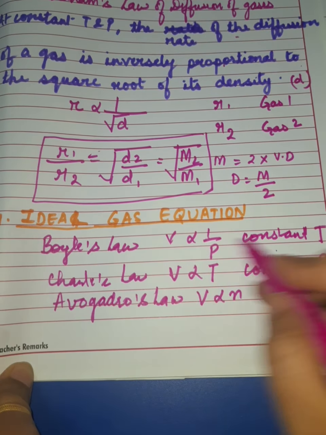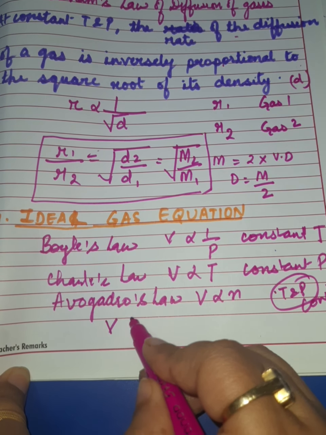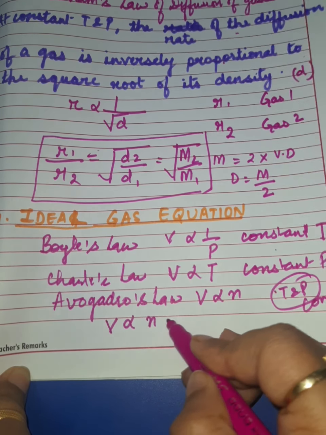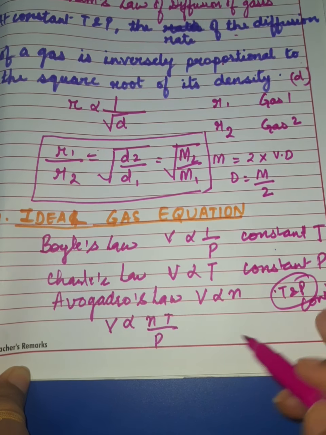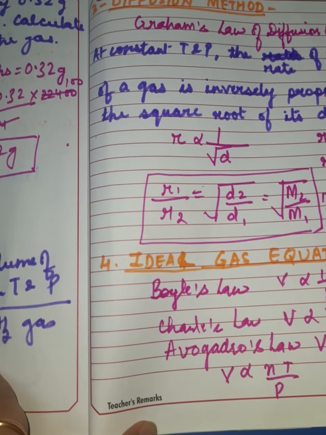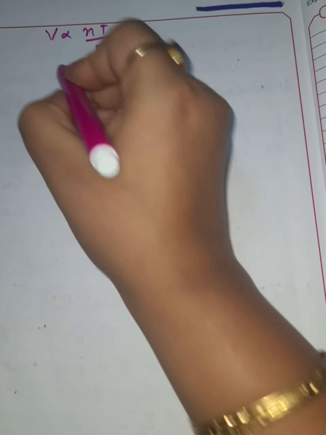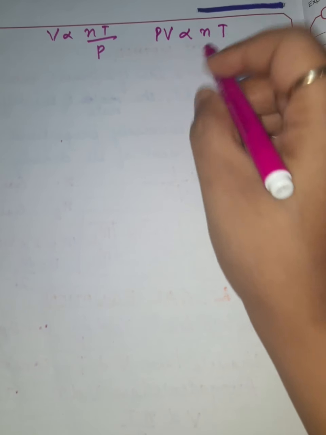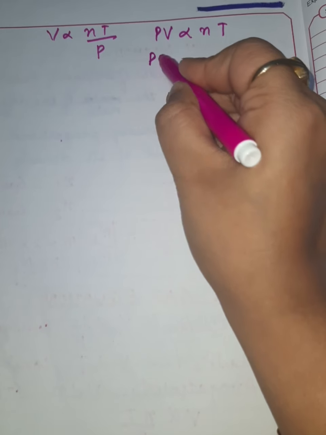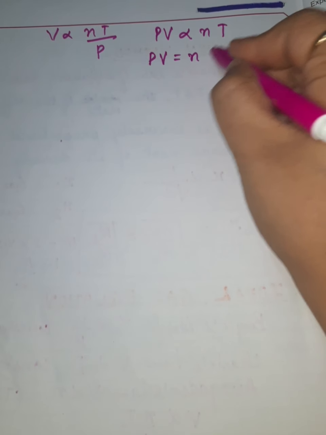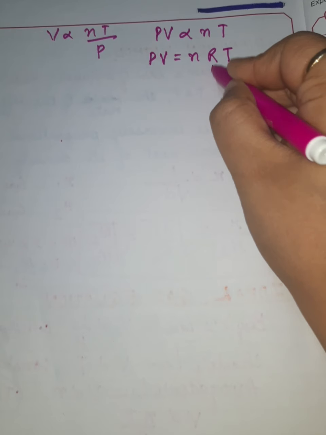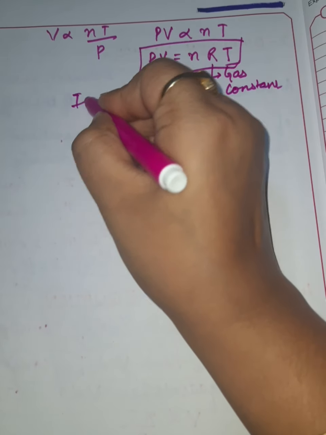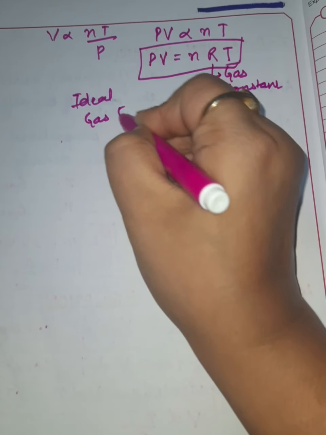We can write these three laws together in the form V is directly proportional to nT upon P. Now see here, I can say that PV is directly proportional to nT. If I remove this proportionality sign, we introduce a proportionality constant which is R: PV = nRT. What is this R? R is the gas constant. And this equation is popularly known as the ideal gas equation.